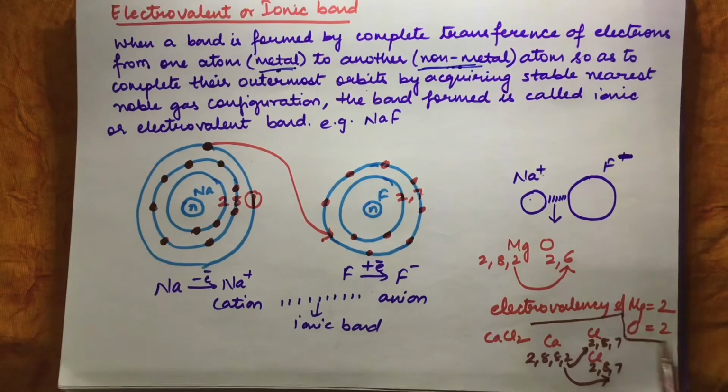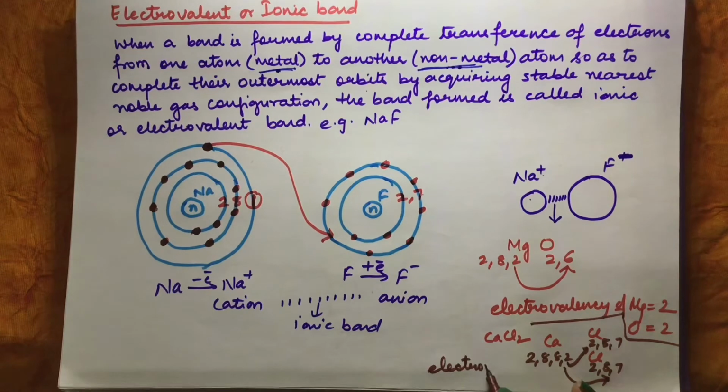Similarly, calcium will also acquire the noble gas configuration. Since 2 electrons are being transferred from calcium, the electrovalency of calcium here is 2, whereas the electrovalency of Cl is 1, because each chlorine is taking up only 1 electron to complete the noble gas configuration.